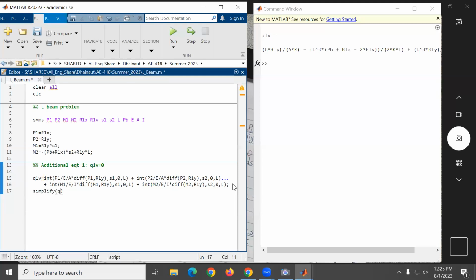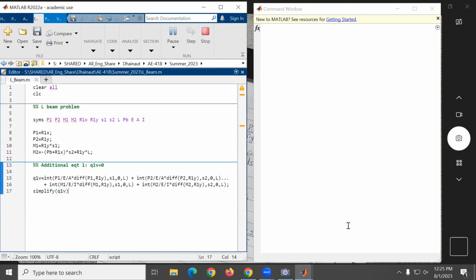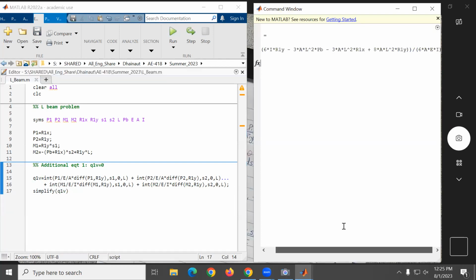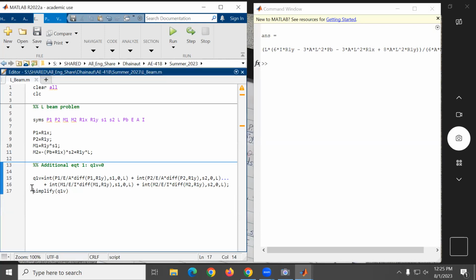Simplify Q1 vertical. Okay, you see, that's the thing I don't like about it, it's too pretty. So pretty simplified, just pretty, and it will simplify as well. I mean, that's it. Yeah.